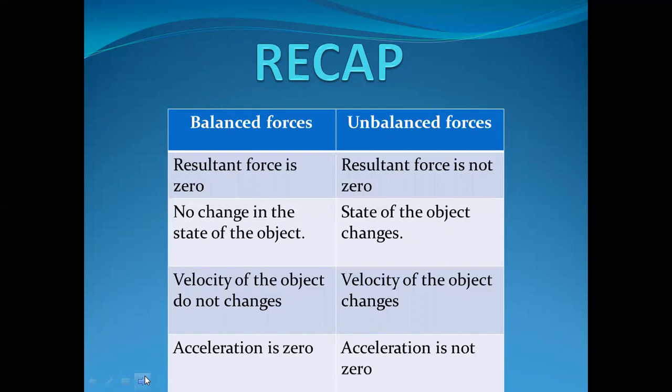Velocity of the object does not change in case of balanced forces, but in case of unbalanced forces, the velocity of the object changes. If velocity is not changing in case of balanced forces, it means acceleration is zero. But in case of unbalanced forces, velocity is changing. So change in velocity is acceleration. Either the body will be accelerating or it will be decelerating. If the speed of the body is increasing, it will be accelerating. If the speed of the body is decreasing, it will be decelerating.